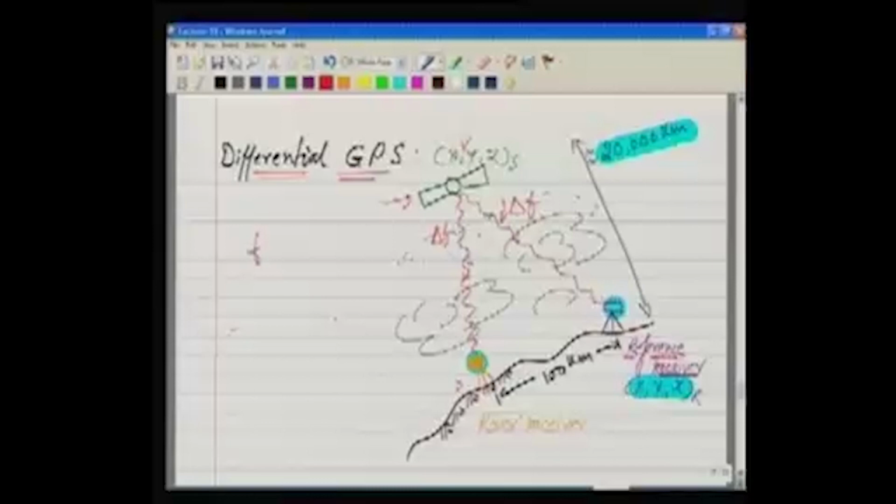So if the time measured by the rover is tr, we apply the time error to it, and this gives us the actual time which is without the error, and then using this we will get the actual pseudo range. So we are making use of a known position in this case, and by that we could compute the error in time, and then we are applying it to the particular satellite.